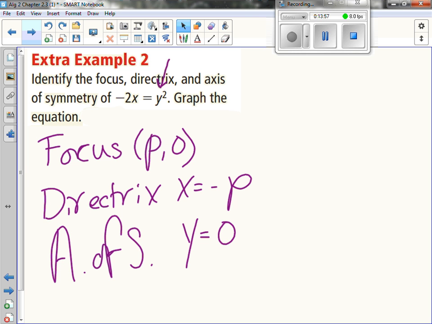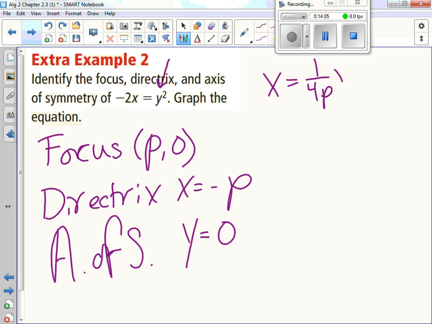Now what are we missing? We're missing the value of p. So this is connected to x equals 1 over 4p y squared. What do we have? Negative 2x equals. What do we need to get by itself? We need to get the x by itself, yes?